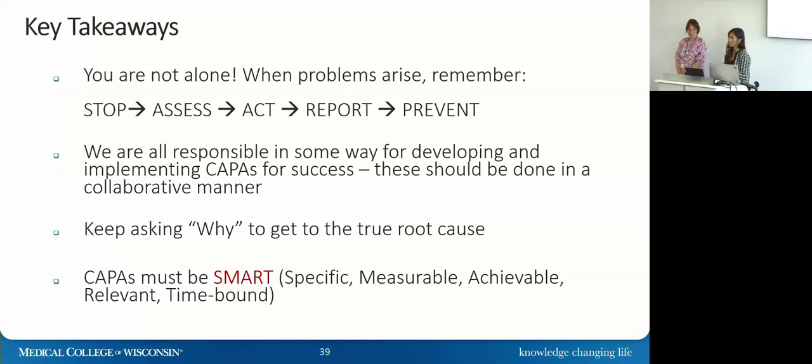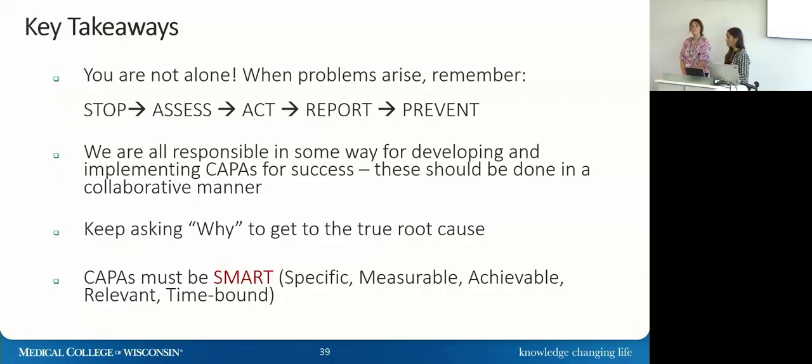So we are all responsible in some way for developing and implementing CAPAs in order for us to be successful and run successful research. These should be done in a collaborative manner. So as Becca mentioned, you're not on an island. You need to involve others, whether they're involved in the actual issue, the ones on the front lines doing whatever procedures were the problem, or leadership.